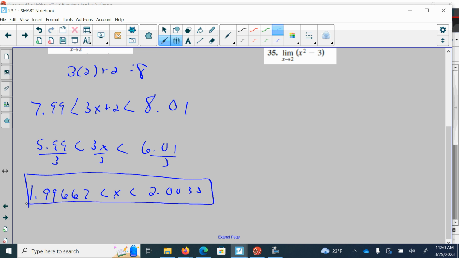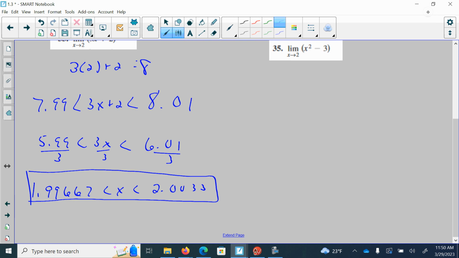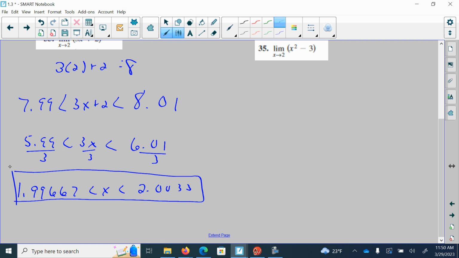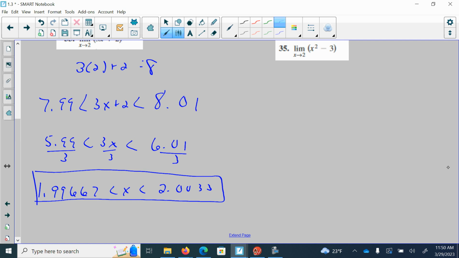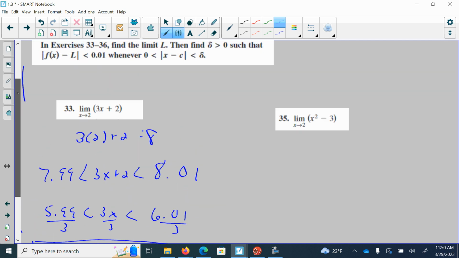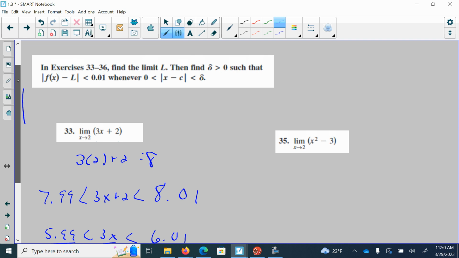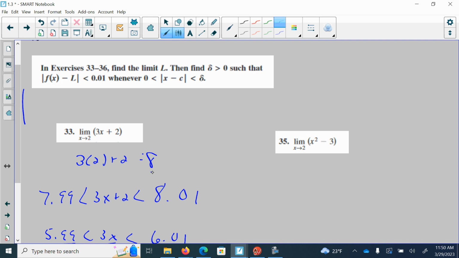And this should make sense. If my y value is within 0.01, I'm going to find out whatever the y value would be if I put it right in.